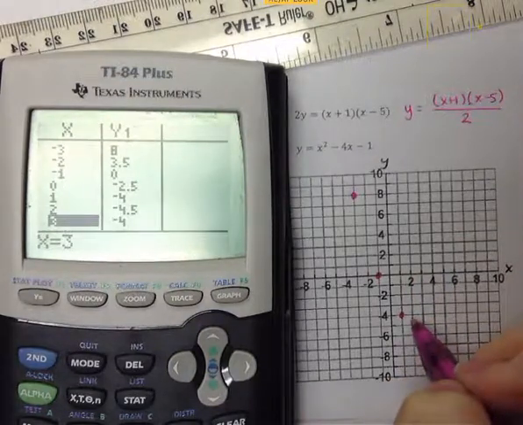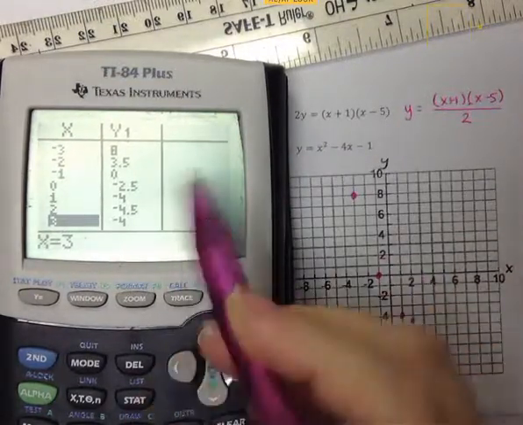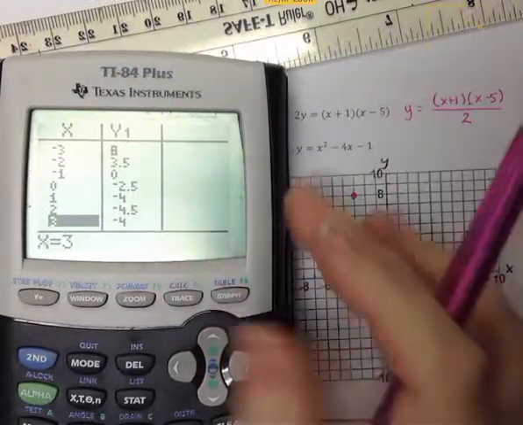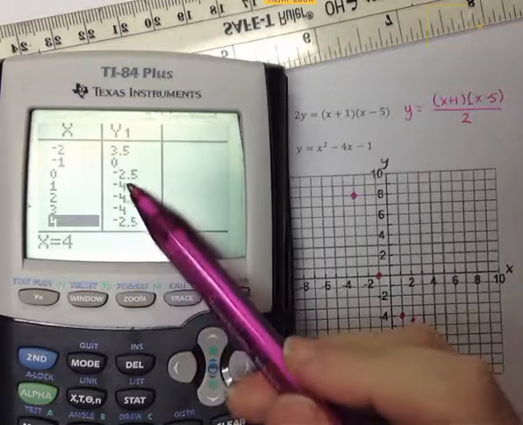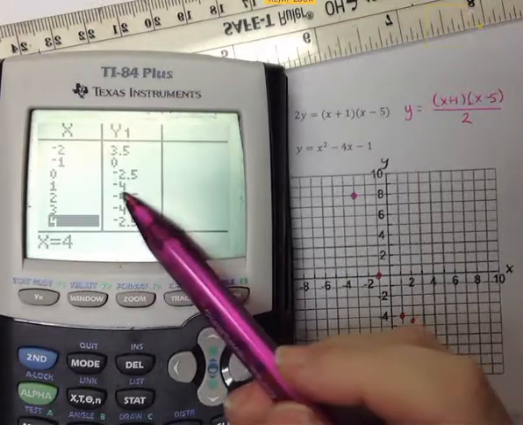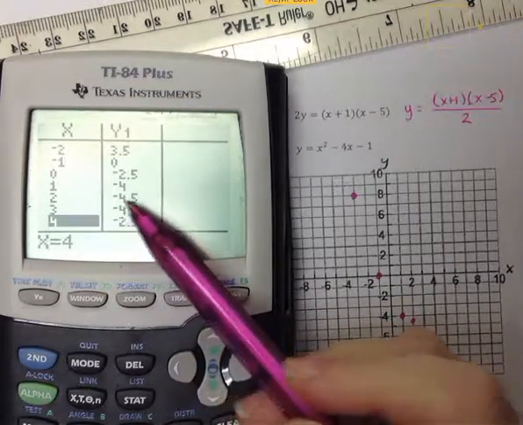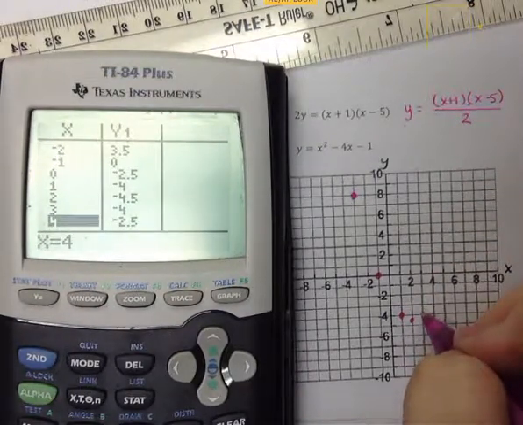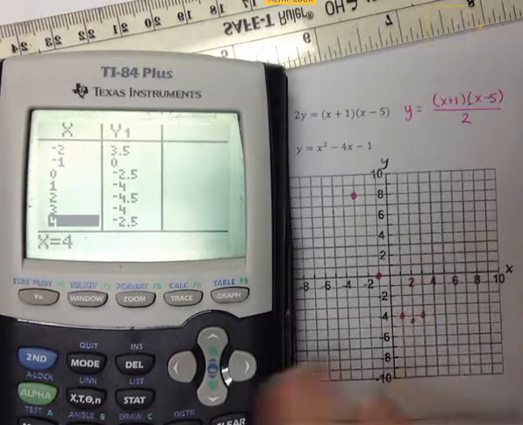So I'm going to go ahead and put that in there. We know that this is our vertex because these y values start repeating after the vertex. See how this would then repeat? That middle term is your vertex. So the next good coordinate is 3, negative 4. So we're just going to mirror them now.